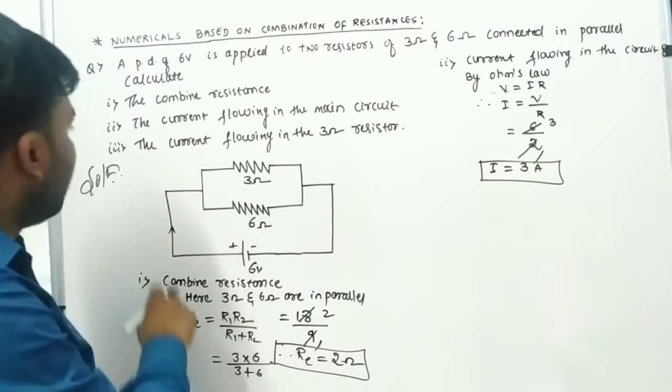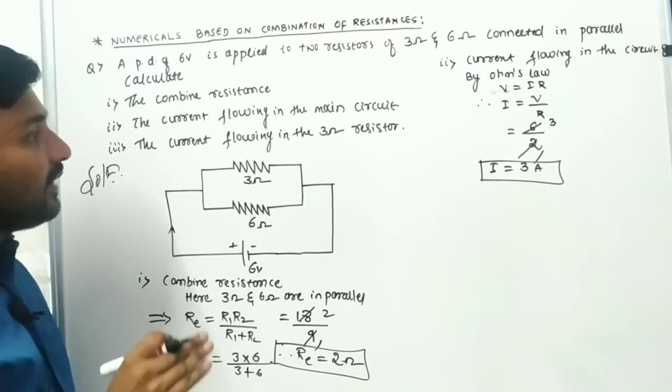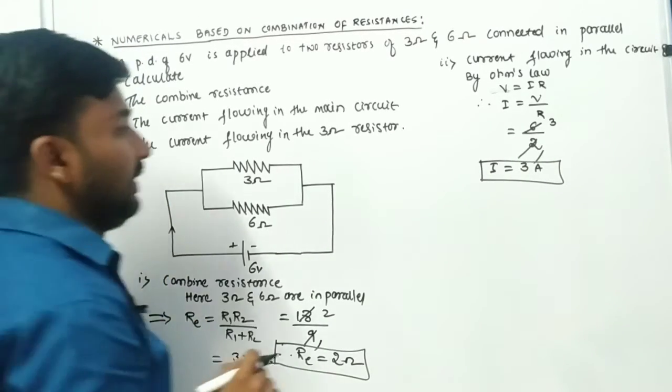Now, third one. Current flowing in the 3 ohm resistor.